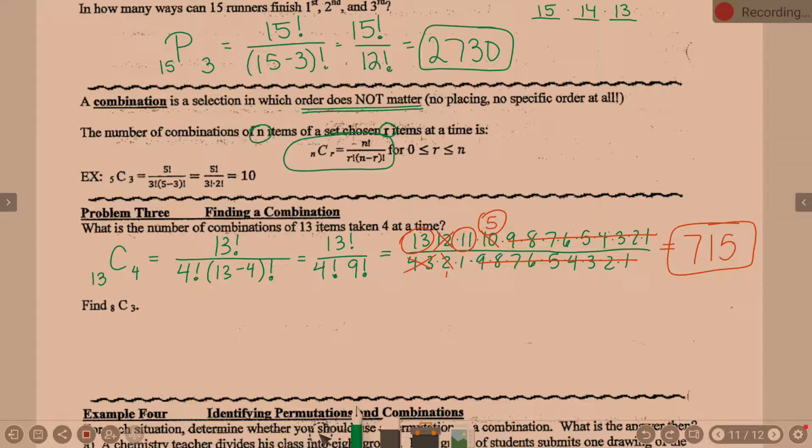Do you have a way you want to do that? 8C3, if we set up the fraction, it is what? 8 factorial over 3 factorial times 8 minus 3 factorial. So 8 factorial over 3 factorial times 5 factorial.